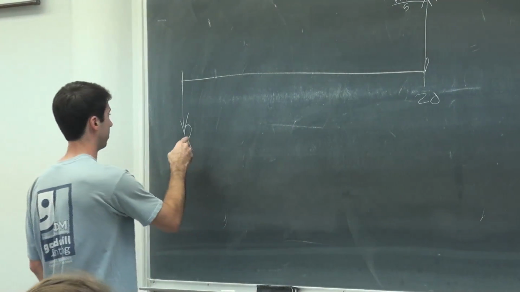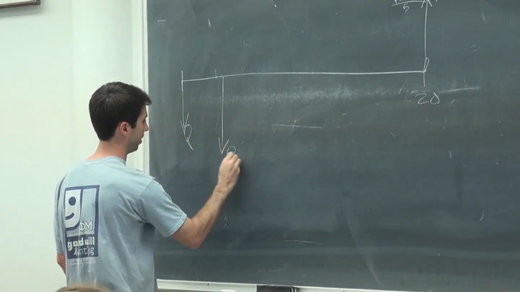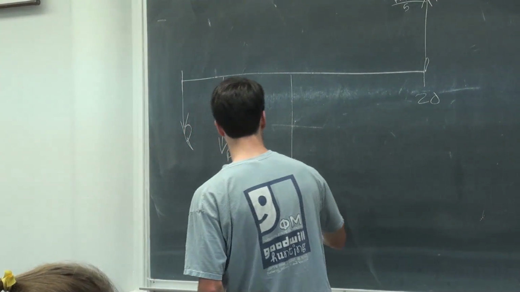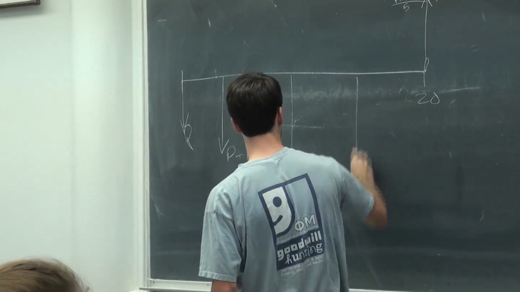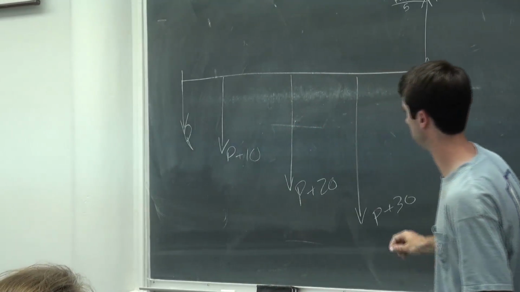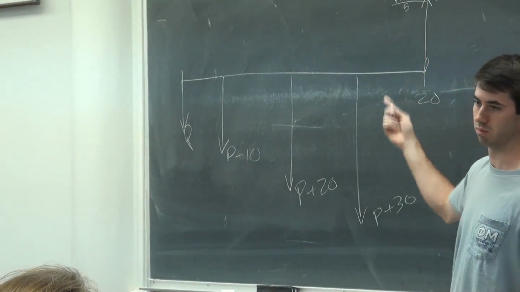So say you put in P here, and then you put in P plus 10, and then P plus 20, and P plus 30. You're not putting in a single amount once and getting it back, right?